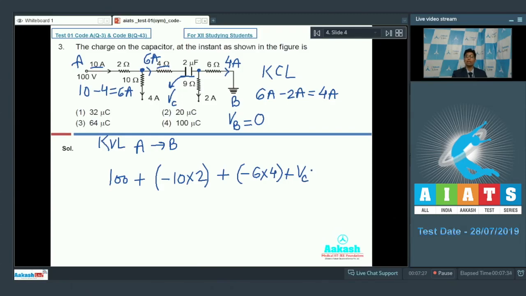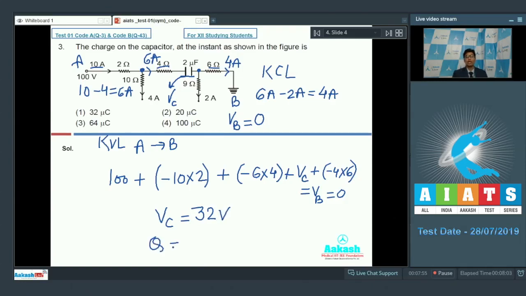As we move further, the potential change or the potential drop across the 6 ohm resistance can be written to be equal to minus 4 into 6. Now this should be equal to the potential of B, which is equal to 0. Dear students, solving this equation, we can get that Vc turns out to be equal to 32 volts.